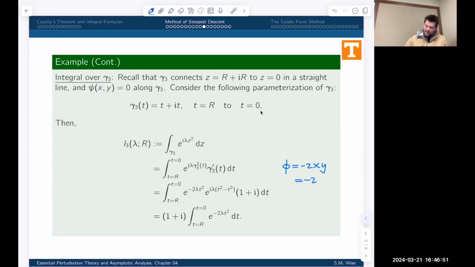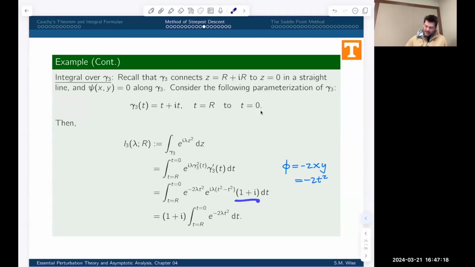This is minus 2t squared because x and y are equal to each other along this line segment. So that's why we get minus 2 lambda t squared. Where does this guy come from, 1 plus i? Well, just take the time derivative of this. You get 1 plus i. Okay, so we have all the pieces.